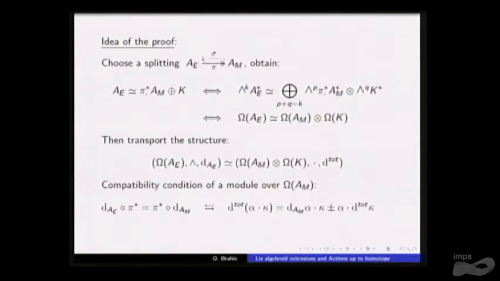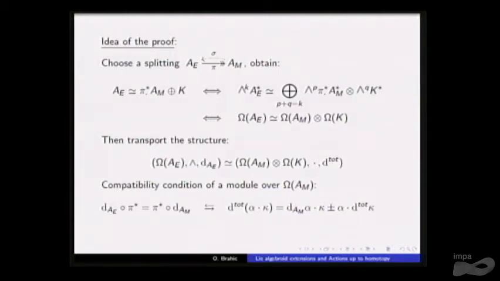So you have an isomorphism between forms on your total algebroid as lambda of A over the pullback, tensor lambda of K star. All this is very natural. And when you go to sections, you end up with just forms on AM tensor forms on AK. So here it's really a usual tensor product.